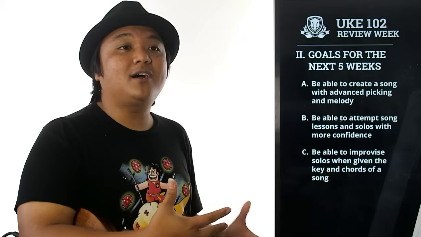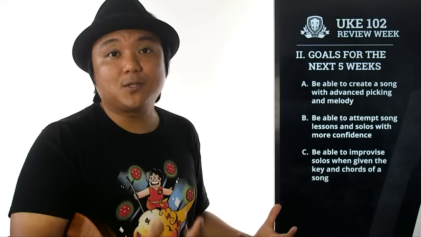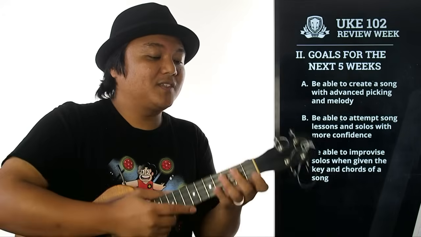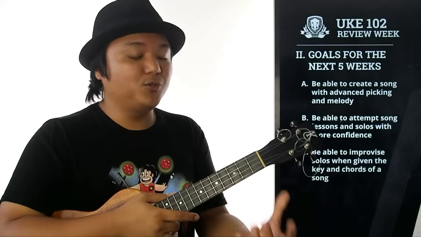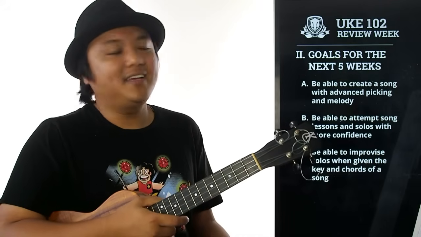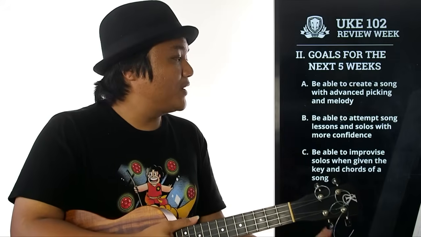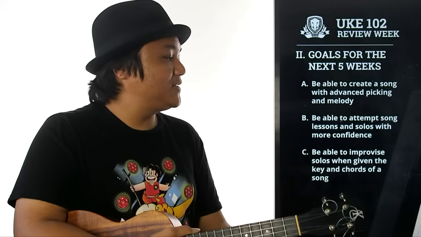Over on Ukulele Underground, we have all these lessons and all these UU Plus solos. We can attempt those with more confidence, knowing what notes. If we know the key, we will know what notes to play. We will know what chords are going to come up, so we're not going to go in blind. We're going to know which notes go with what chord. So if we're given the chord in the beginning of the lesson, we should be able to do it just based on what chords we see.